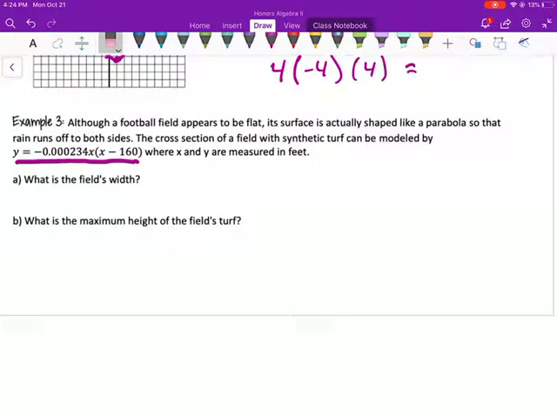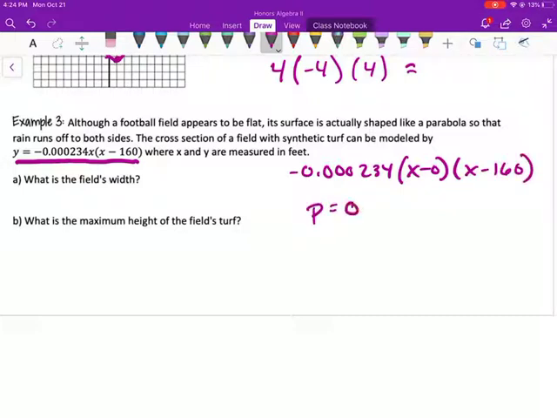Okay, so again, I'm going to rewrite this so it looks more like my x-intercept form. So negative 0.000234 times x minus 0 times x minus 160. So I have one intercept at 0 and my other intercept at 160. Oops, as I write 130, at 160. Okay, so how far apart is our field?